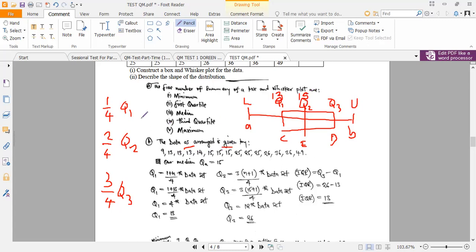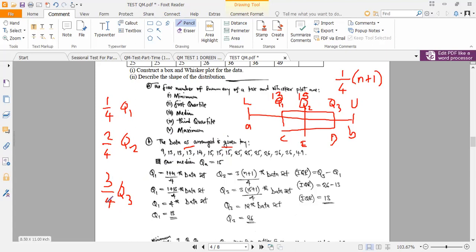It's 15. But like I mentioned, for the quartiles we multiply by n plus 1, not by n. So 15 plus 1 goes to 16. That's why it's 16. Got it. So half of 16 is 8. The 8th number is 15. So this is where the 15 is coming from.